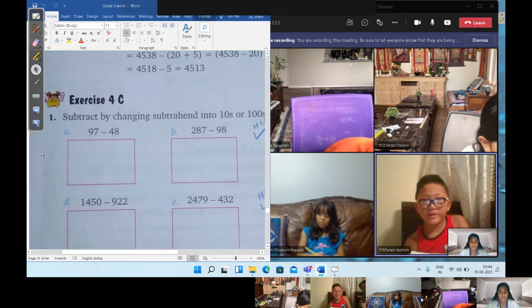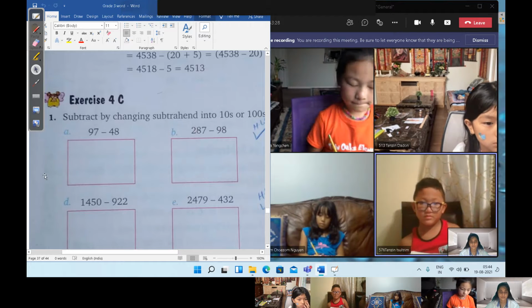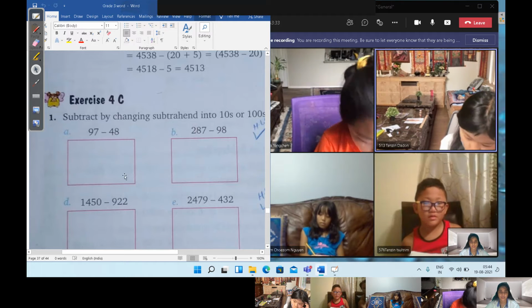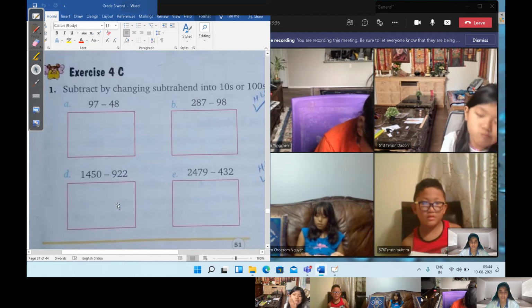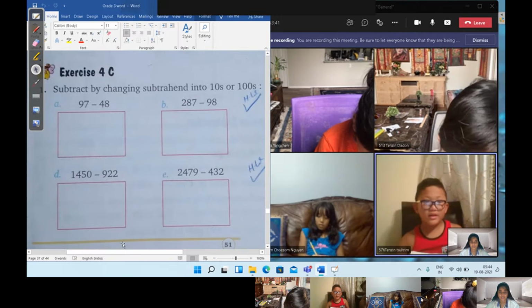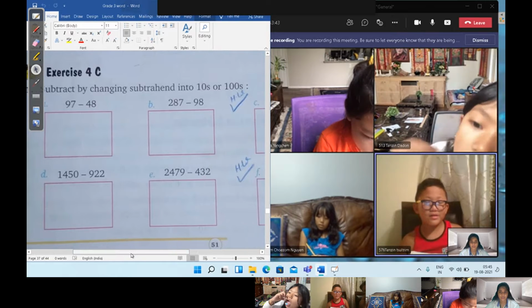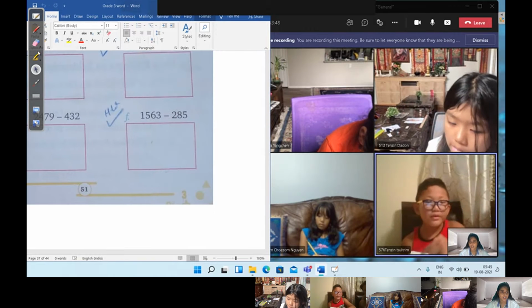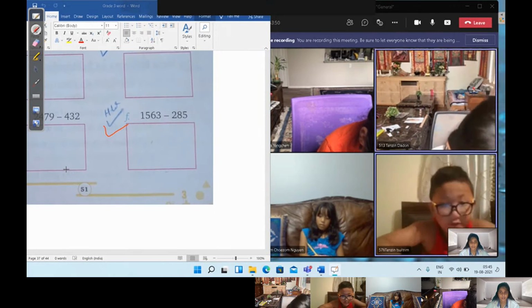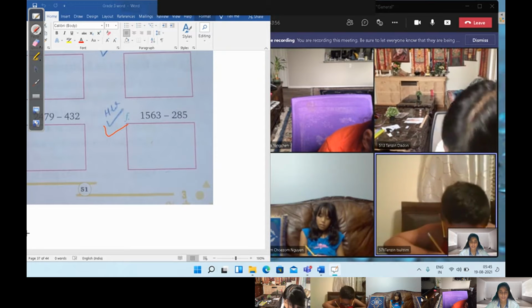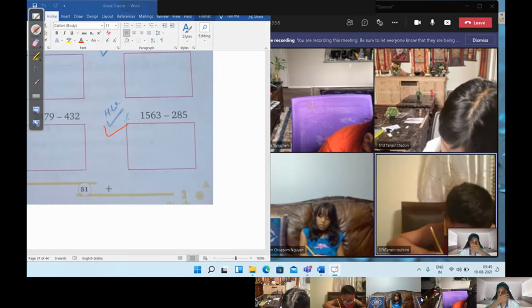Only A, B, and C, but not D, E, and F. So you can solve B. I can see B. Wait, where's the F? There it is. F is here. Now is it visible? Yes, now I can see it. Okay, good.